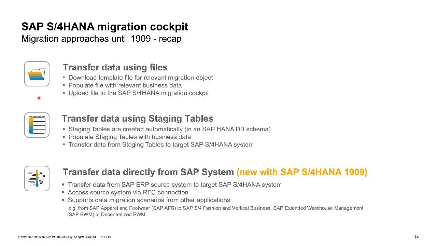We not only have the connection to an SAP ERP system, we provide more scenarios: we can move data from an AFS system, from an EWM system, also from a CRM system, and in the future we also plan to have data from an APO system.